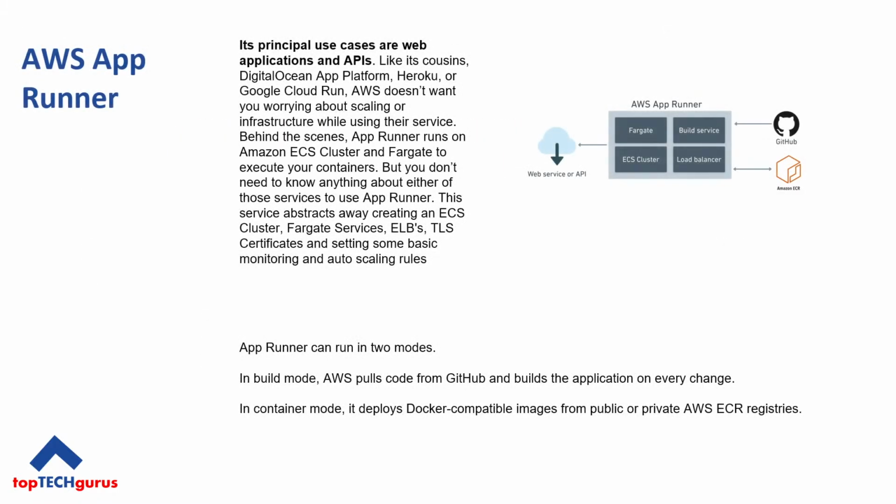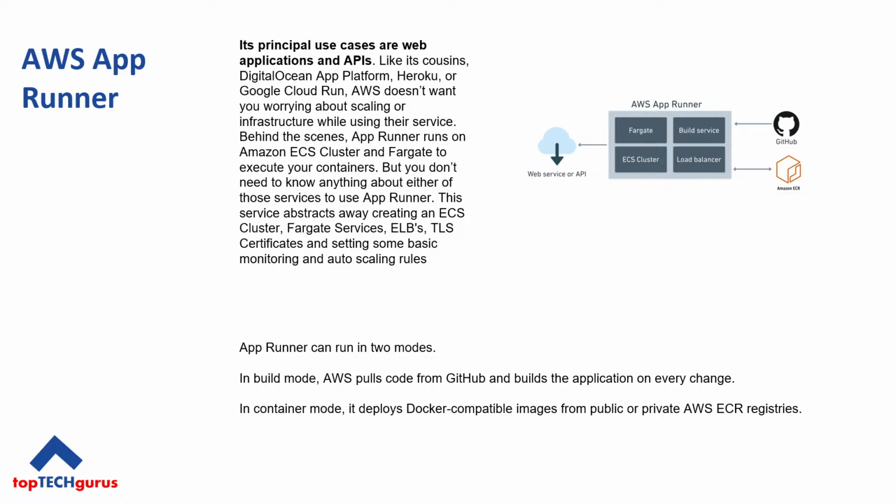AWS App Runner, again, typically people use this with containers, but you could also use it directly with your code. The principal use case of this is for web applications and APIs. So if you have a web application and API, you might have heard of DigitalOcean, Heroku, or Google Cloud Run.